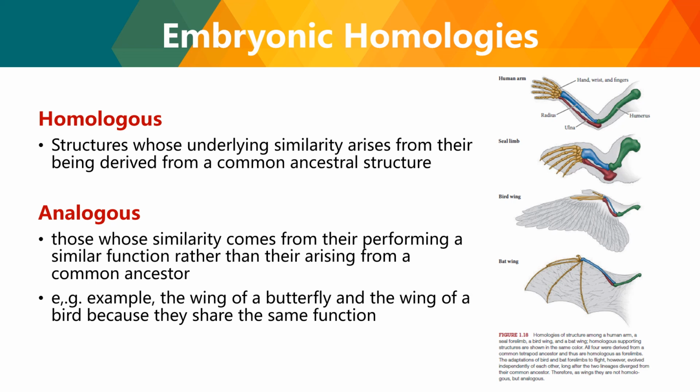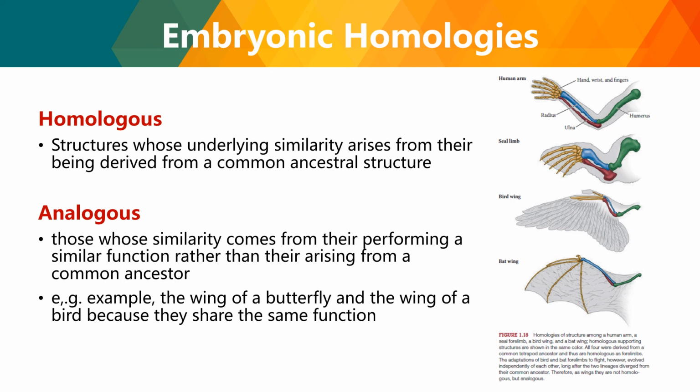All of these structures have similarities; it's just that their differences are the shape and the sizes. But as you see, all of the structures have the humerus, the ulna, the radius, and then of course the hand, wrist, and the fingers.